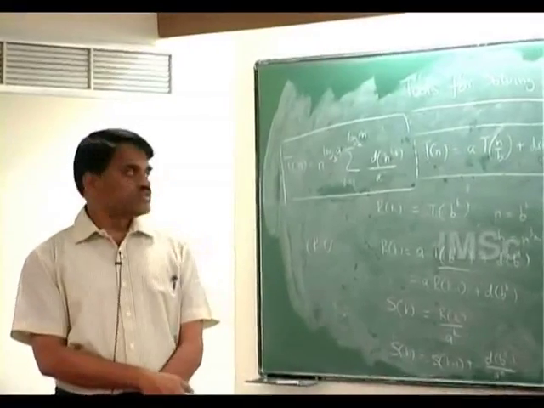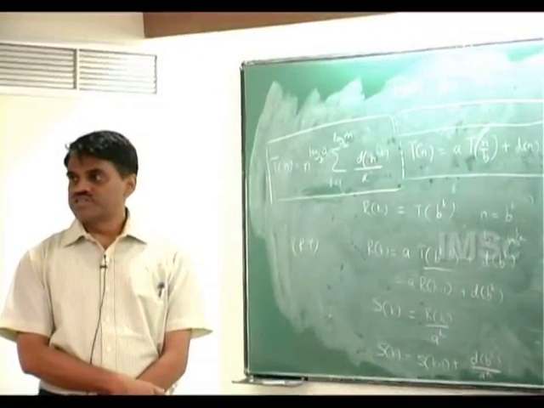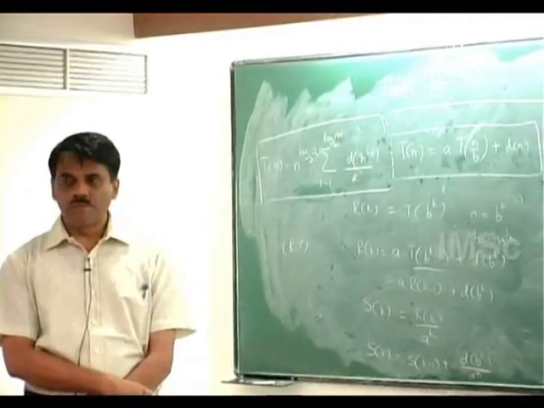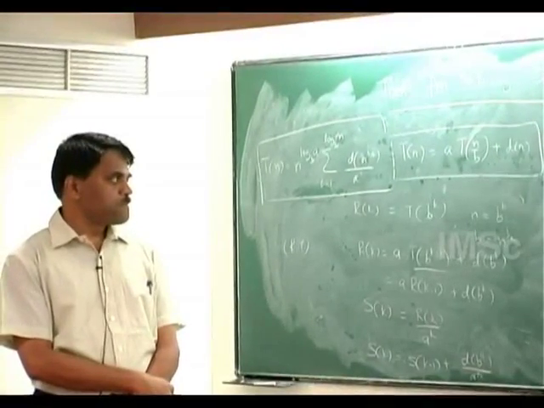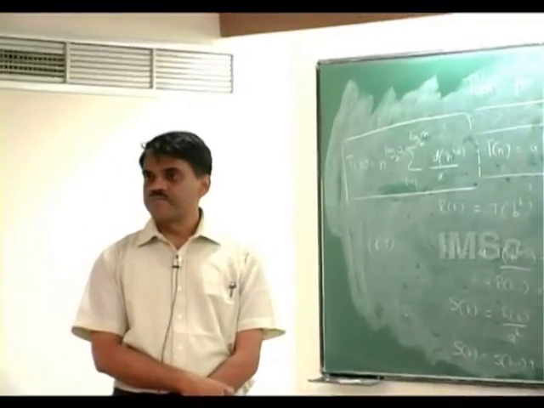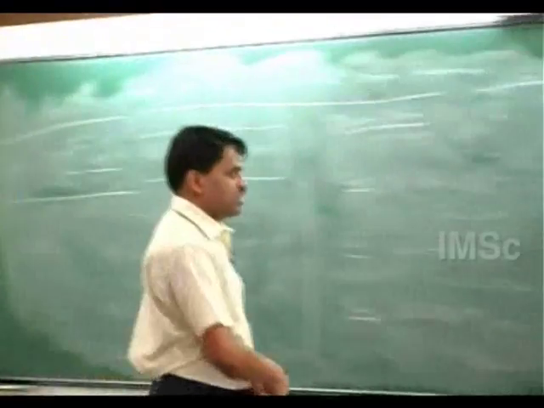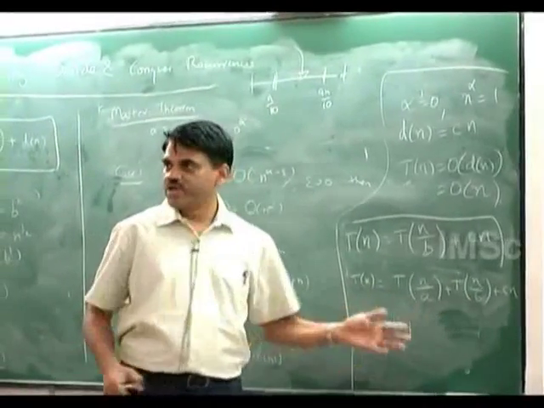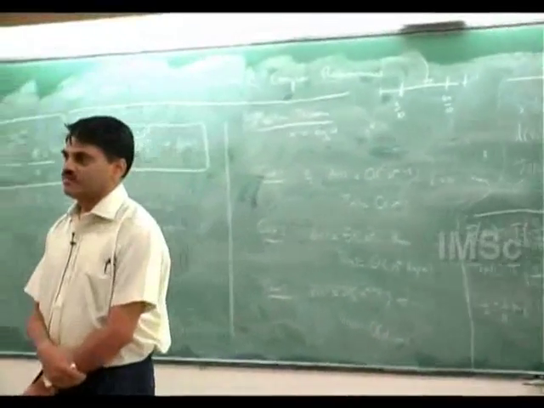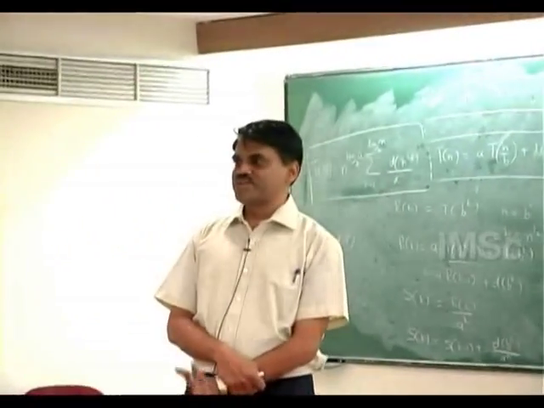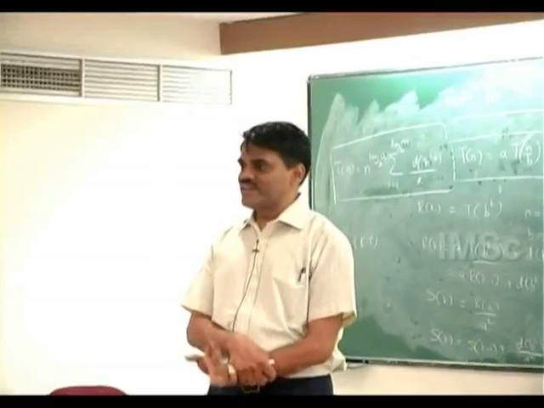Do you have an example of such a recurrence you've seen? Is there a recurrence you saw in the morning which looks like this, with 1 by A plus 1 by B equal to 1? Merge sort, right? Half plus half. Two problems of size n by 2, and that was not giving us linear time.